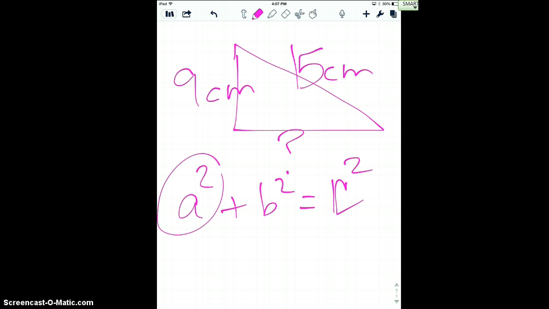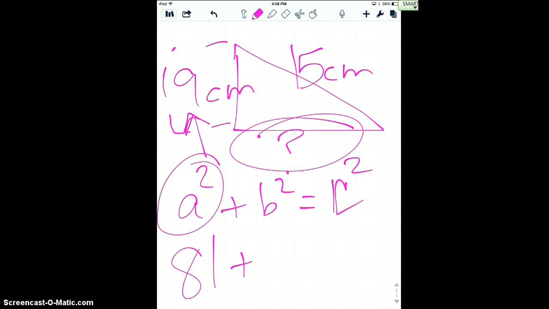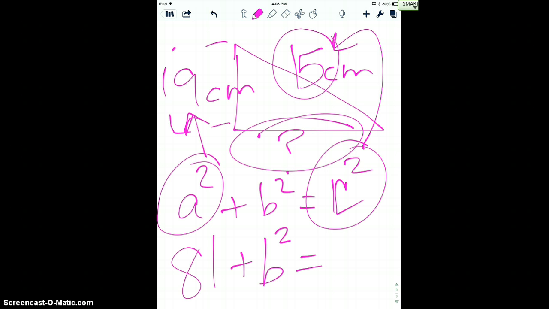So I'm going to sub in. One of the legs squared is 9 squared, so 9, if I square it, is 81. Now if I square the other leg, oh man, there's the issue. I don't know what that is. So I'm just going to keep it as b squared. And then the other one, I do know the hypotenuse squared. If I square 15, do you know that off the top of your head? It's 225.